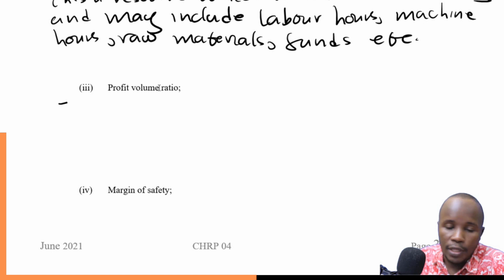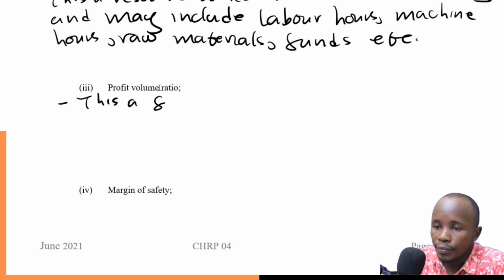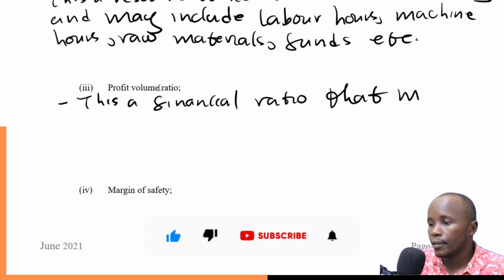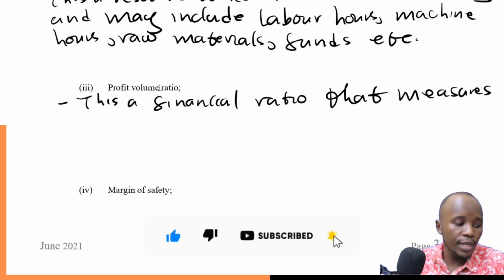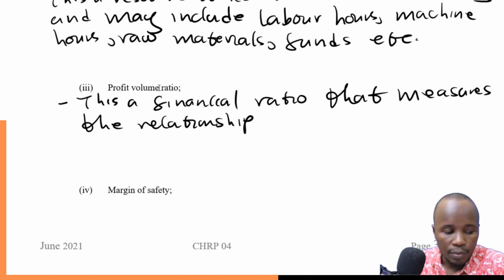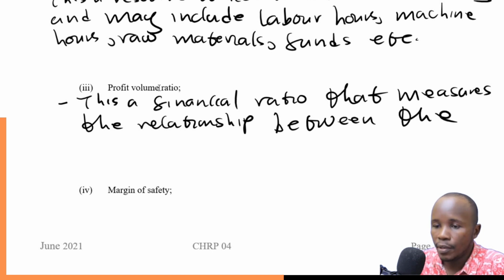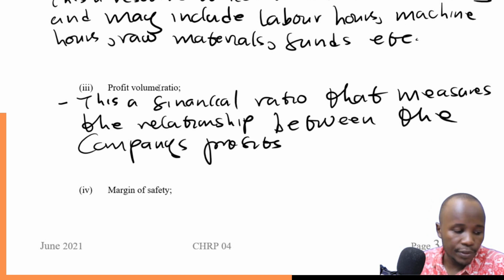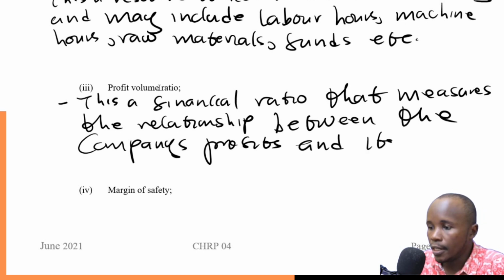Now, this is a financial ratio that measures the relationship between the company's sales and profits, between the company profits and its sales.